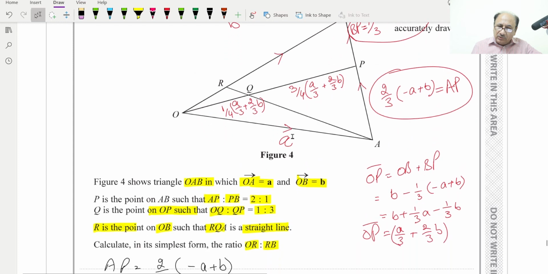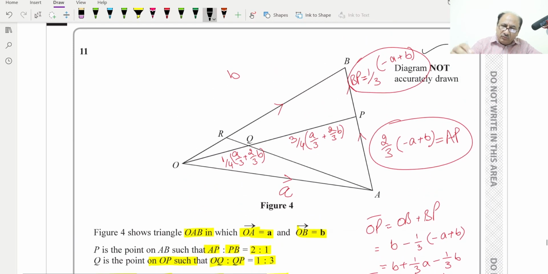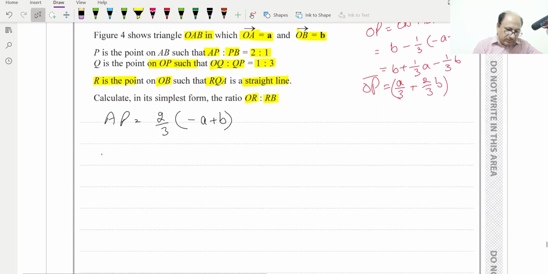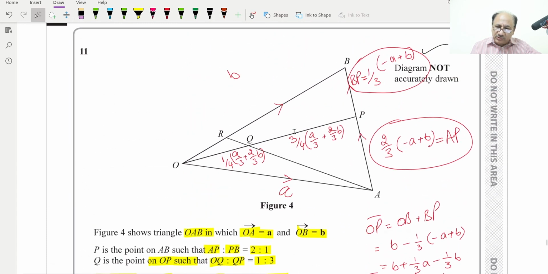Then BP will be the negative of whatever we have written over here, so this will be minus 1 by 3A and we can write in sequence 1 by 3A and minus 1 by 3B. This will be our BP, which we can write from here, negative of this value.